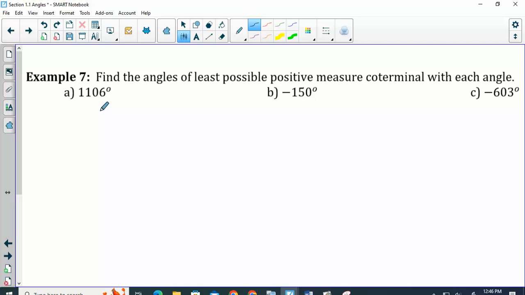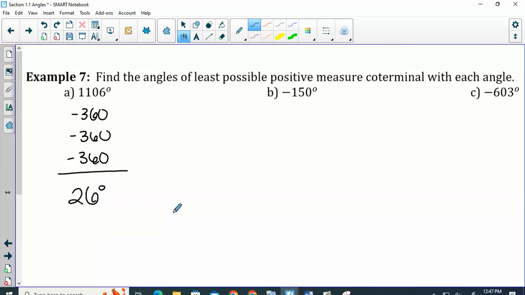So what would I need to do? Subtract 360. Is that small enough? Nope, so you subtract 360 again. Is that small enough? Nope. So we subtract 360 one more time, and what do you get? 26.